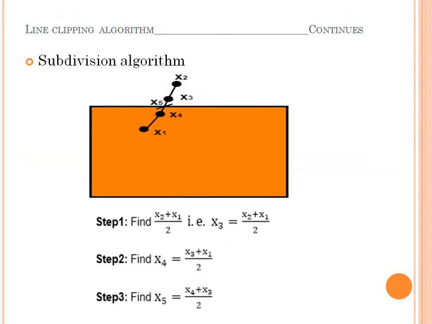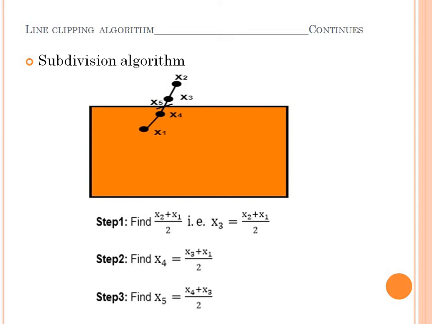Here is the subdivision algorithm. Step one, find (x2 plus x1) divided by 2. Here are the first and second points, x1 and x2, and we perform the subdivision operation on them. So x3 is equal to (x2 plus x1) divided by 2. How do we calculate the midpoint?